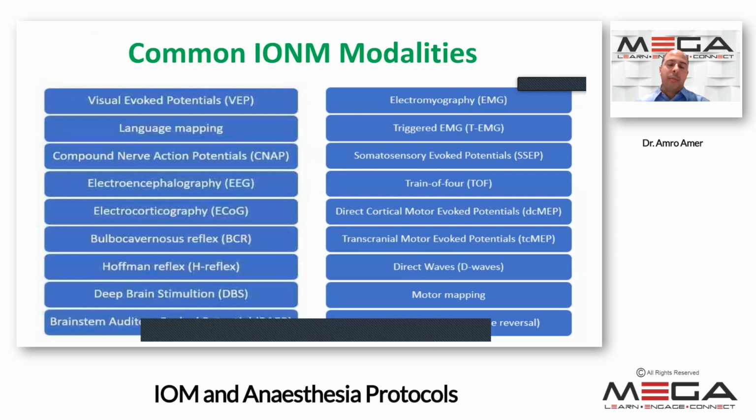Bulbocavernosus reflex is for any lumbar case, or any tumor in a lumbar case or pelvic surgery. We usually do that to see the integrity of the pudendal nerve. Hoffmann reflex is another test for peripheral nerves. Deep brain stimulation, brainstem auditory potential, brainstem function, and cochlear nerve.